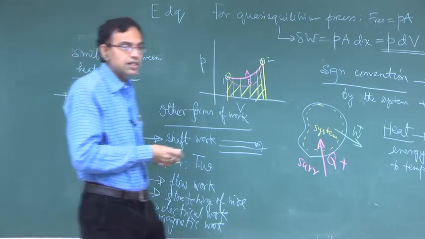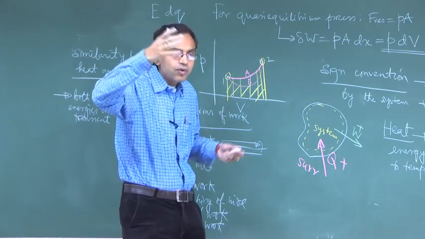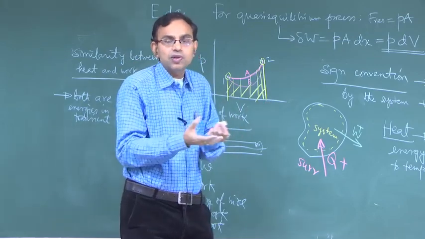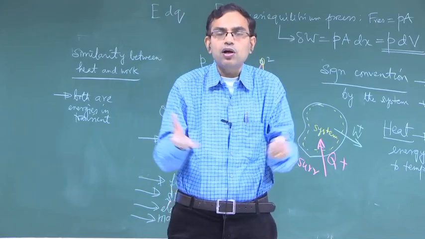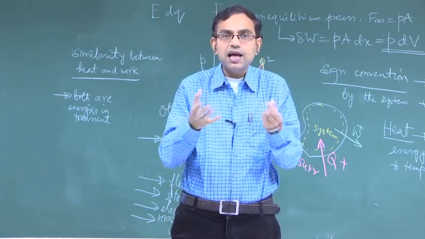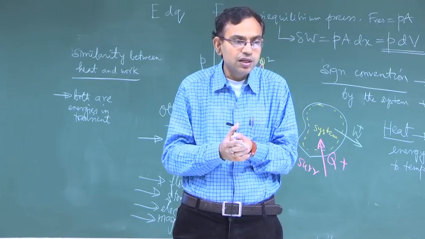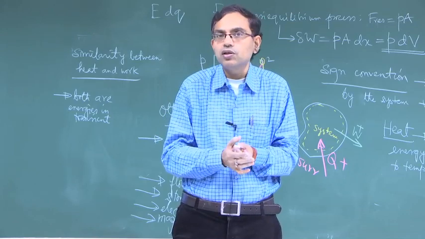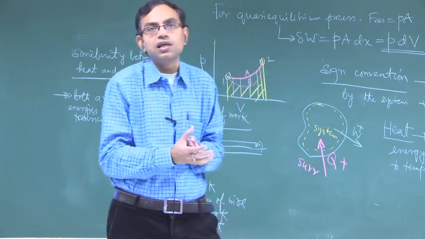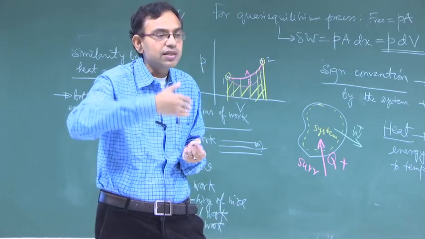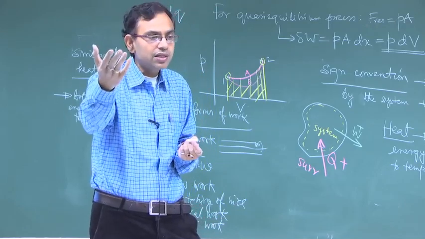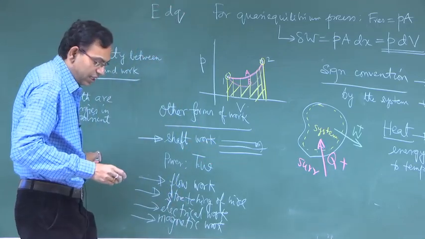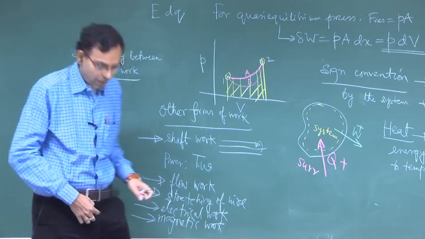Work is also energy in transit, because whenever the system boundary is moving, only then is work done. A system does not possess any work, and it also does not possess any heat. If you have a bucket of water, sometimes we say that it has a lot of heat. It is wrong terminology. It may have a lot of internal energy, which we will discuss later, but a system cannot possess heat. Heat can only be transferred across a system boundary, either from the surroundings to the system or from the system to the surroundings. Similarly for work. So, both are energies in transit, not energy possessed by a system.